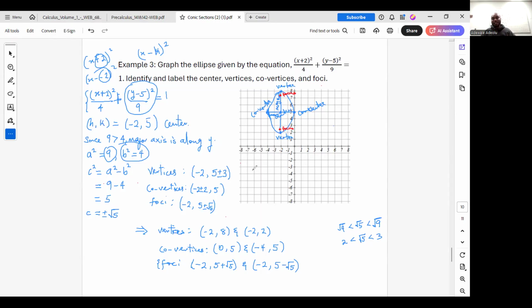So guys, that is all about graphing ellipses. I hope that makes sense. So we're able to identify and label the center, the vertices, the co-vertices, and the foci.